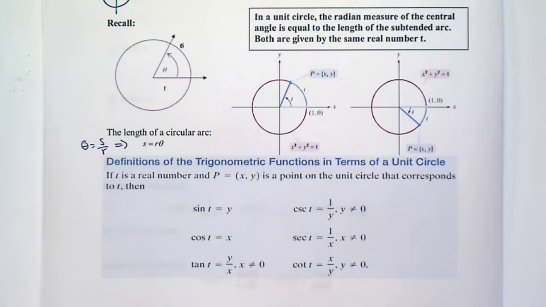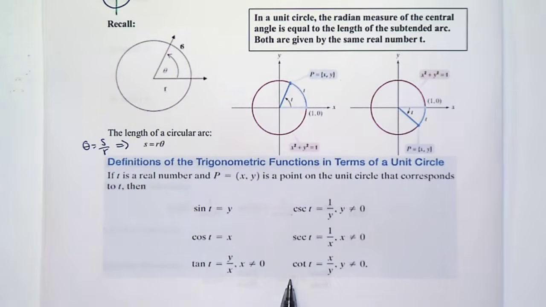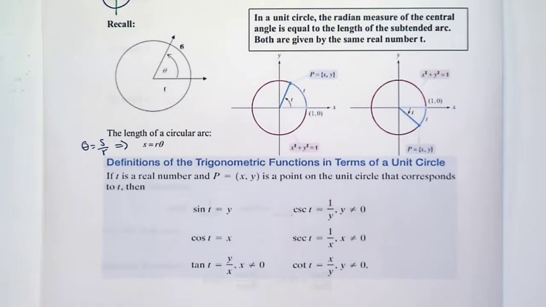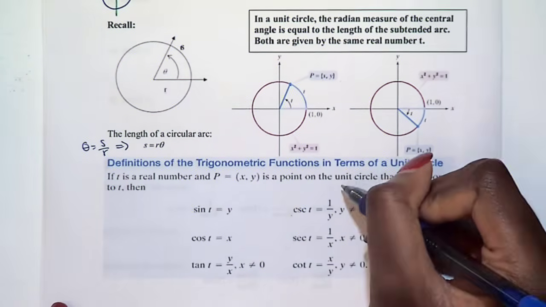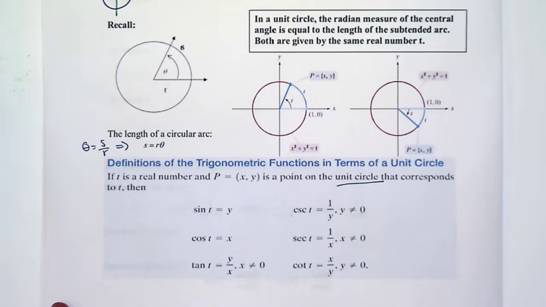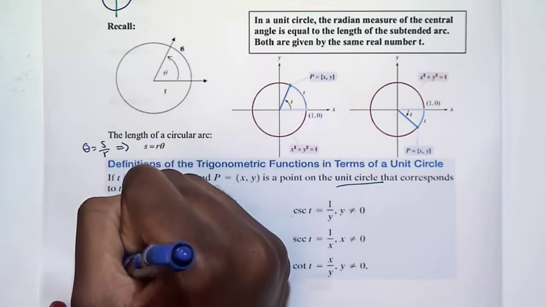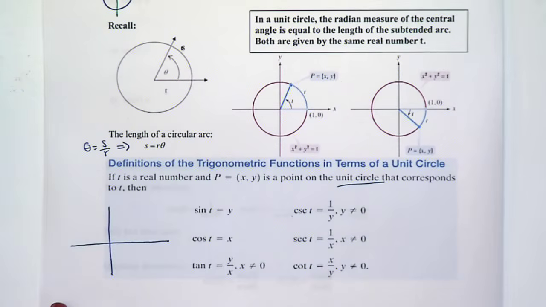We have our normal 6 trig functions, sine, cosine, tangent, and their reciprocals, cosecant, secant, and cotangent. Note that we see that sine of t is y, which is not exactly what we're used to. So let's talk about why these are the same. We are right now talking about a unit circle, so I'm going to draw a unit circle on an xy plane off to the side here.